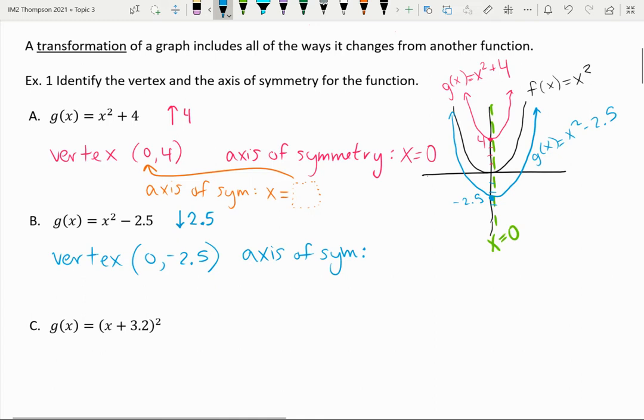Now the axis of symmetry is always x equals whatever the x value of the vertex is. It's just going to be x equals 0. This hasn't shifted. I've only moved up and down, so this line hasn't moved. It's still the same line of symmetry.